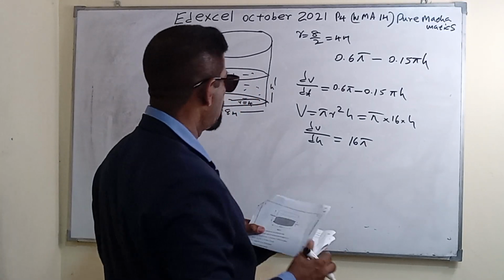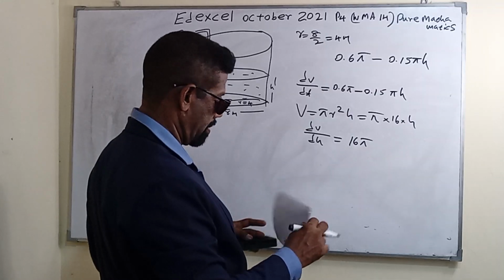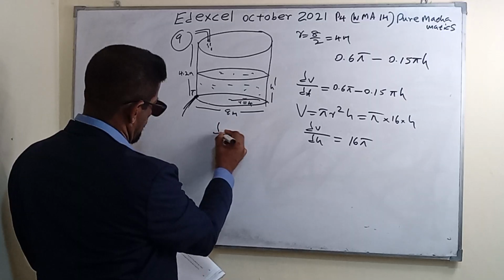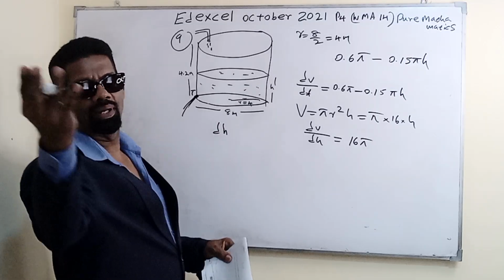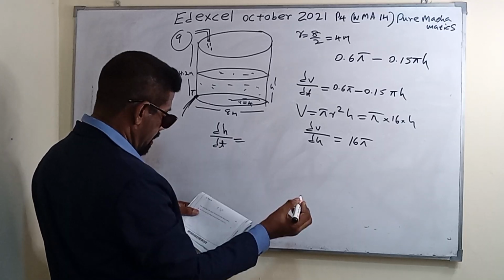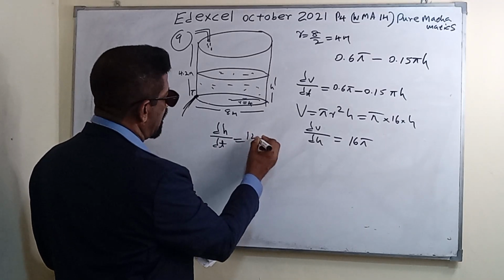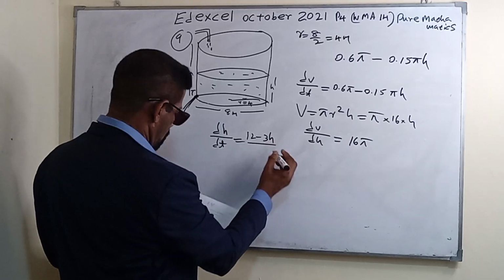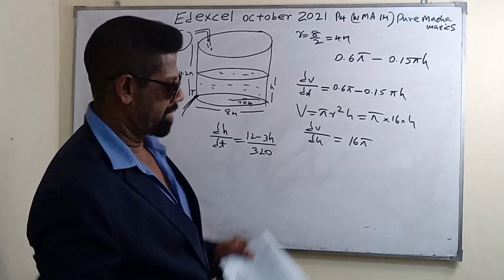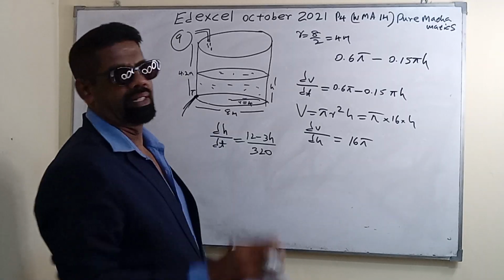Now what does the question want? We need dh/dt, which is (12 minus 3h) over 320. That's your first part. How to do this?